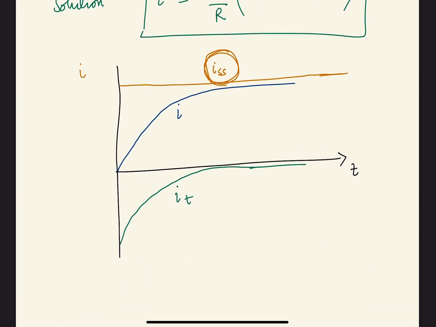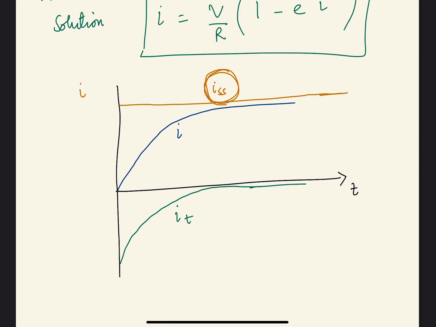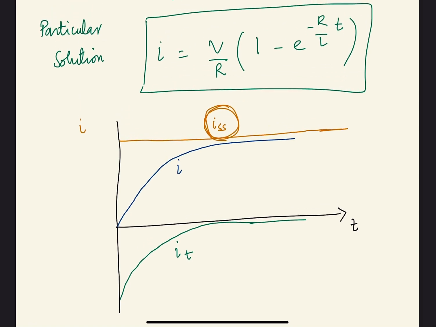If you take a look at this graph, this blue graph here is the actual solution of the problem, the actual evolution of the current.